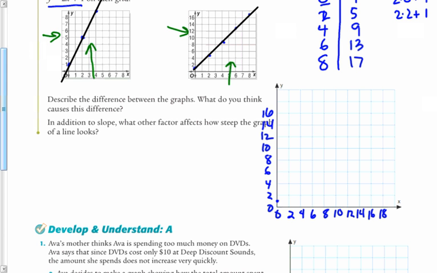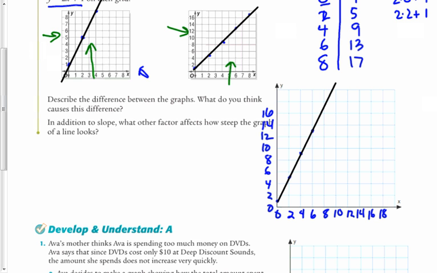Then 2, 5, which is right there. 4, 9, which is right there. And 6, 13. Now, I'll draw a line in there. By changing the x-axis scale, I got the line back so that it looks a lot like this. So changing both axis scales doesn't really change much.